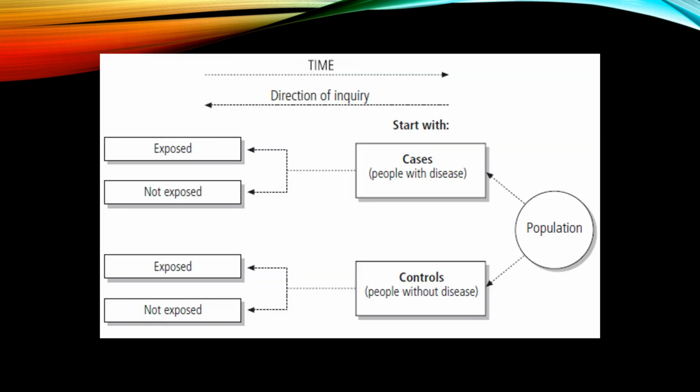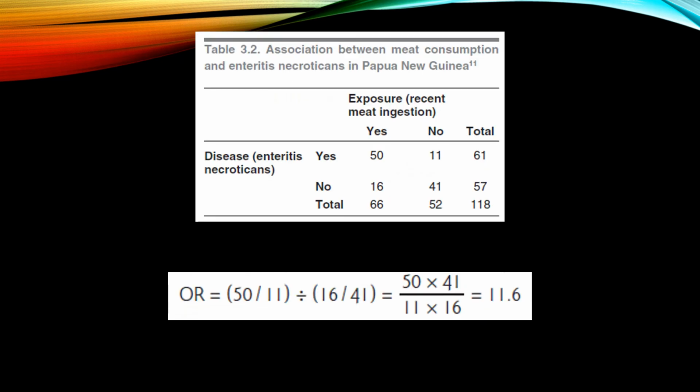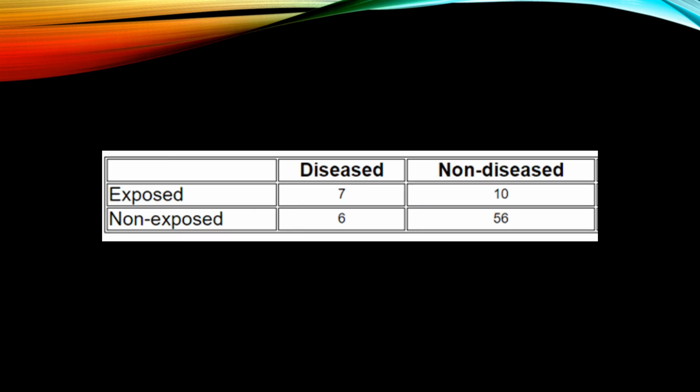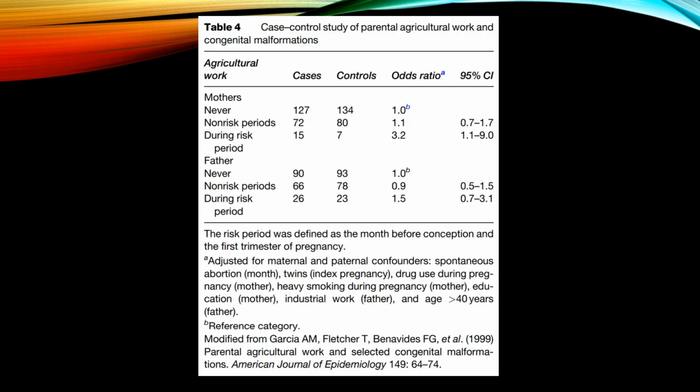Okay, just the outline of the study that you can do. Alright, so this is just to show the calculation of odds ratio, which you can do on your own later. So again, odds ratio, the case control.